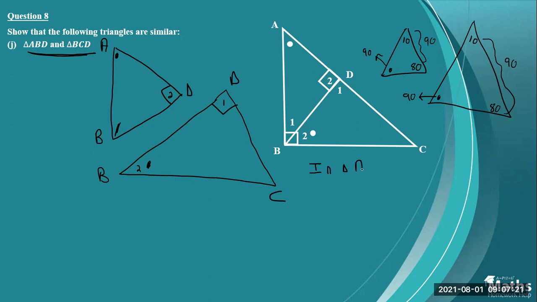In triangle ABD and triangle BCD, you can start with any of these two angles. I'm just going to start with angle A and angle B2. Angle A is equal to angle B2. Why are they equal? Because it's given. There's dots in there.